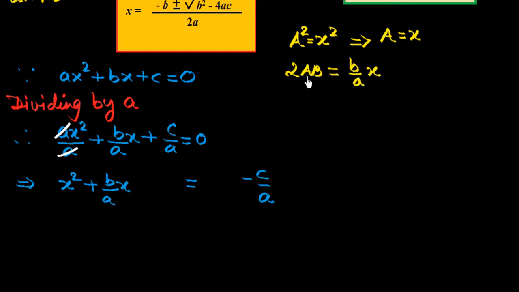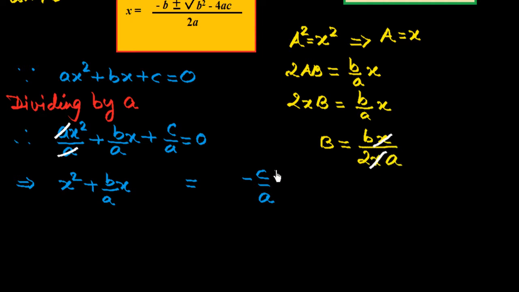Here you know that the value of a is x. So we get here 2xb is equal to b over a x. So now we transfer 2x to the other side. Look at this now, x and x will eliminate, and we get here b is equal to b over 2a.